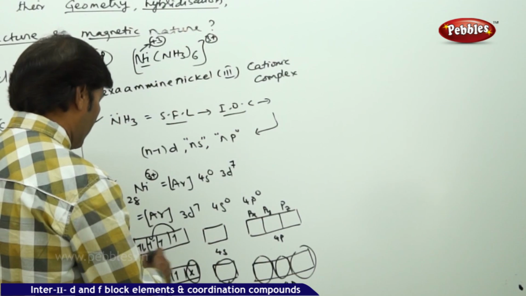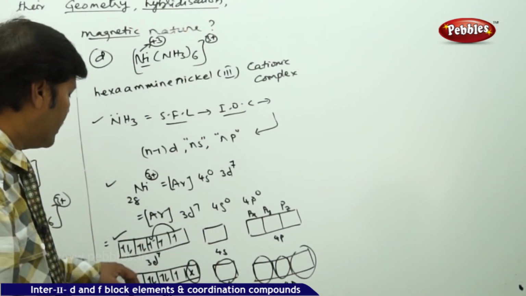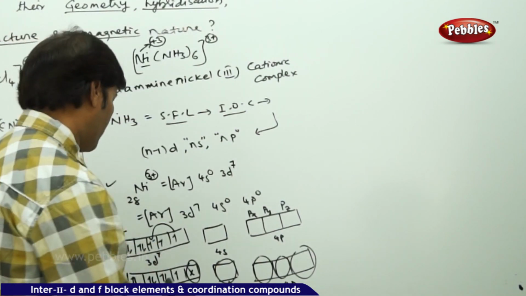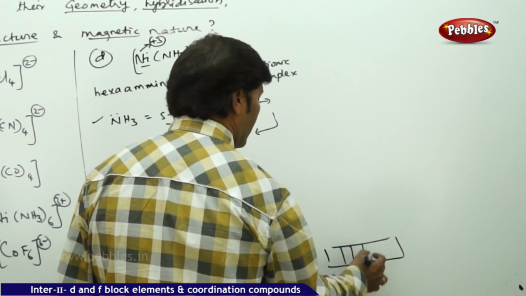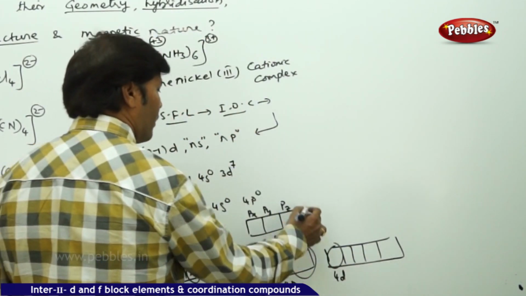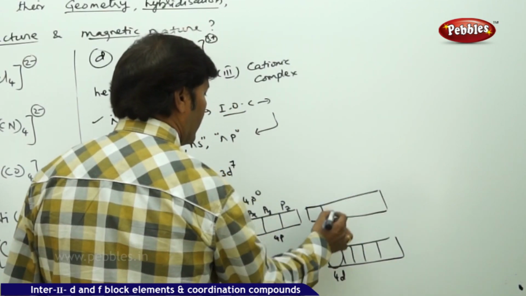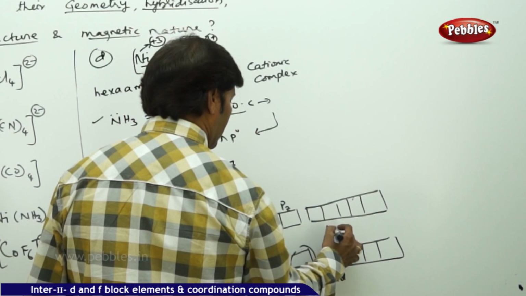It will ignore this vacant orbital and it will stick to the same unpaired electrons which are present in the 3d7. I mean to say here I am going to use 1, 2, 3, 4, 5 vacant orbitals, 4d. So here I am going to take one more vacant orbital. So this combination will work out 1, 2, 3, 4, 5. This is 4d.